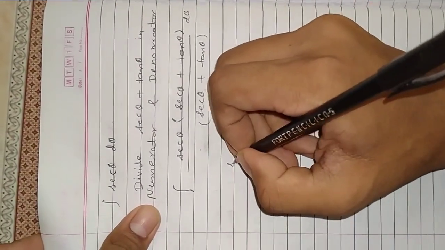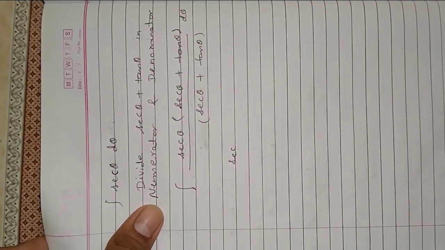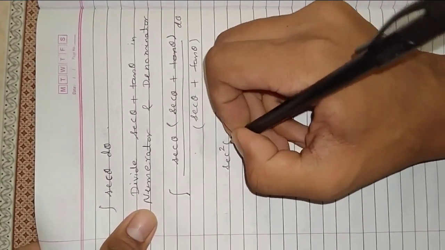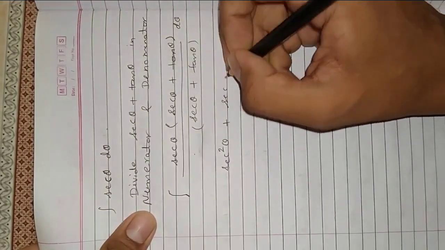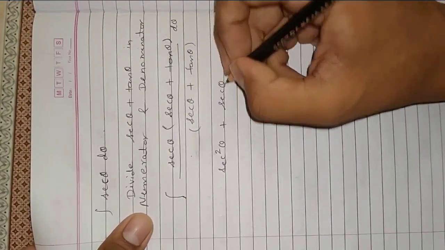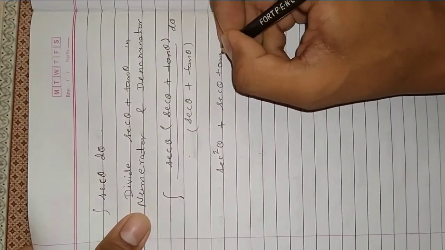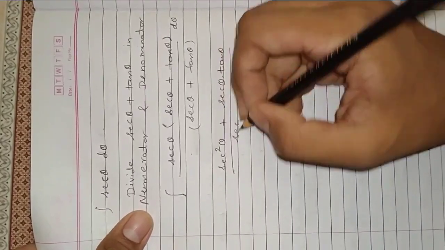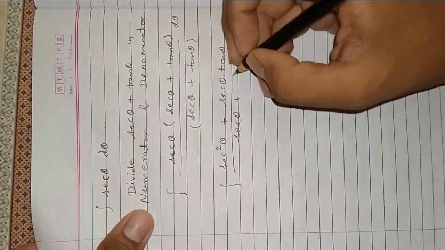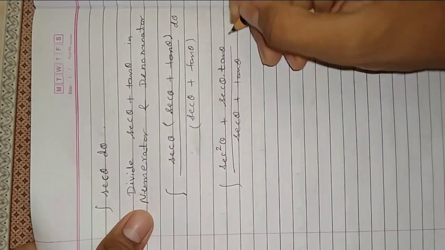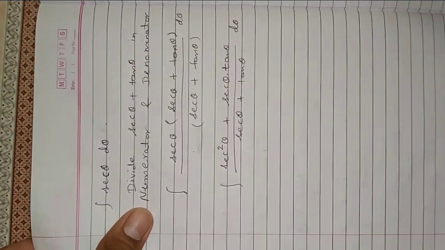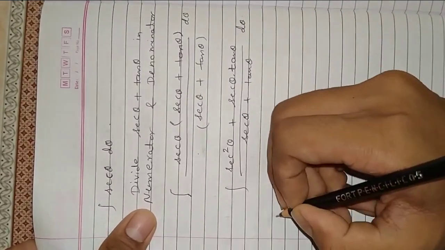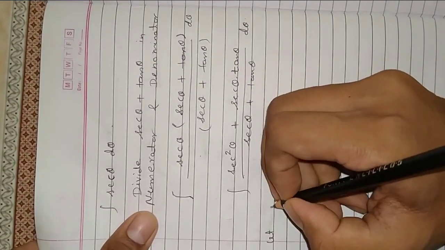So I am going to multiply with the bracket, so I will get sec square theta plus sec theta into tan theta upon sec theta plus tan theta. I will explain property number 2. If you remember property number 1, let me explain the formula.